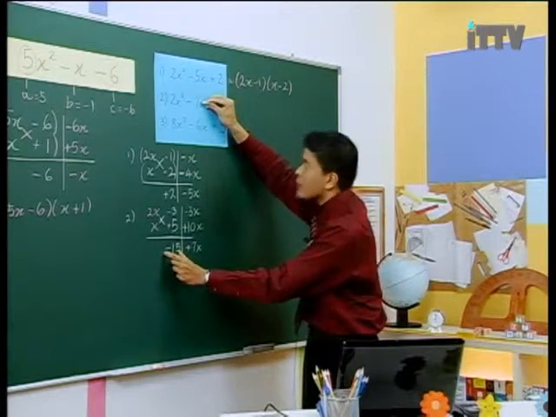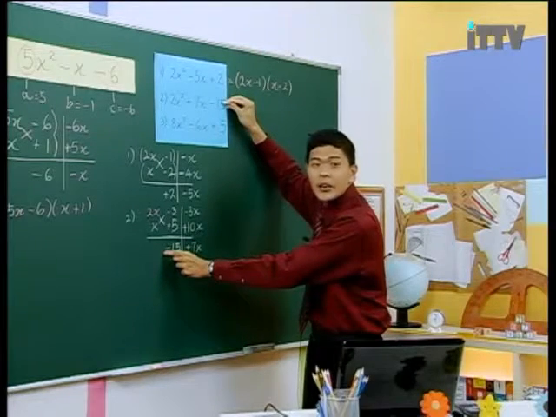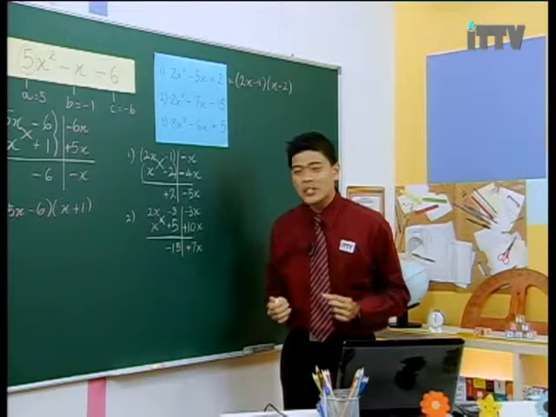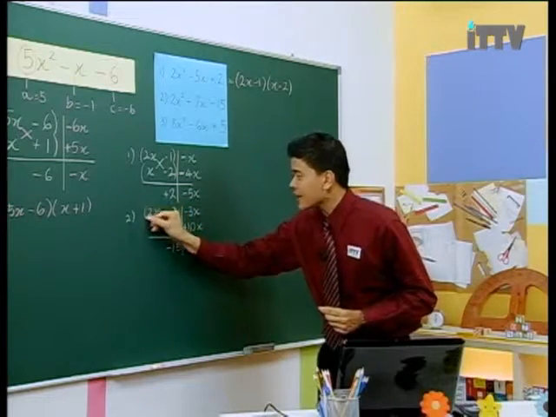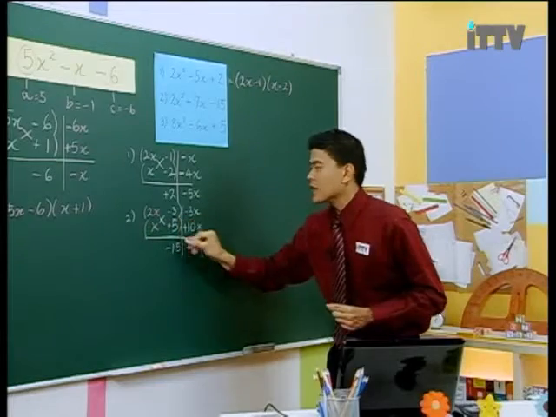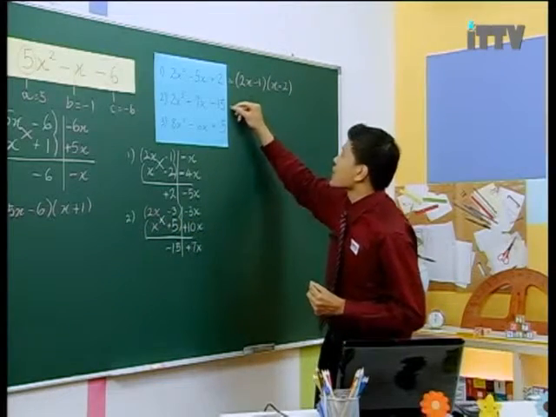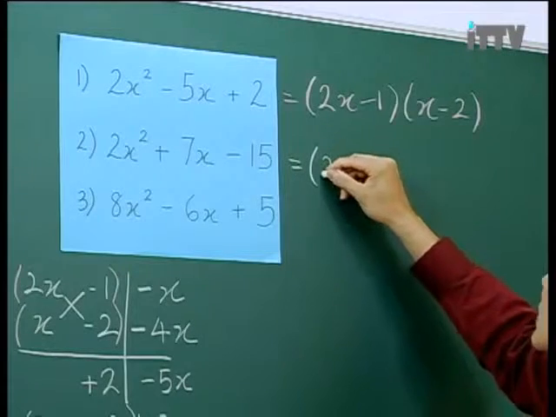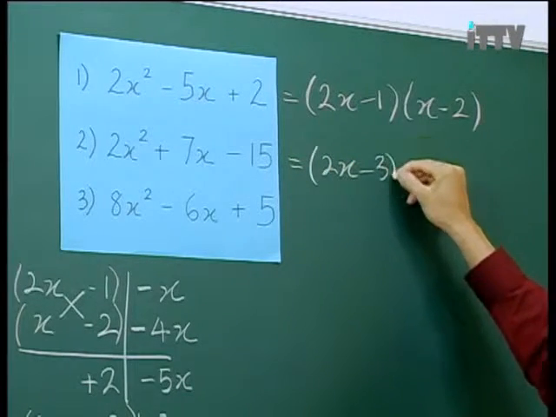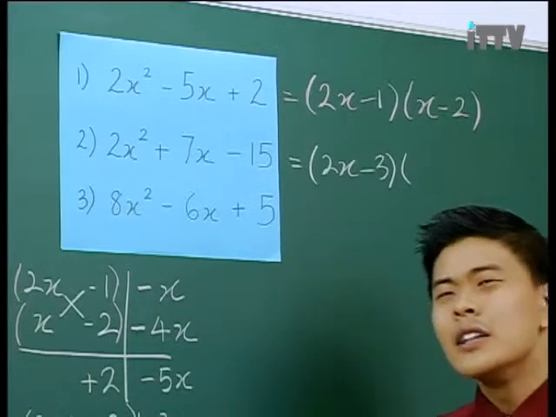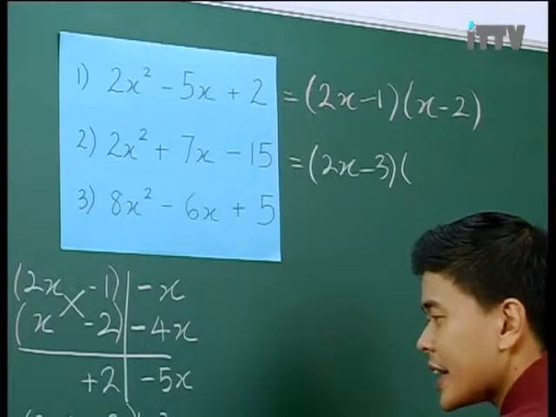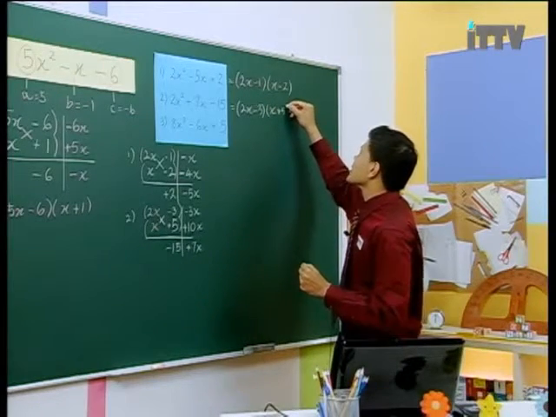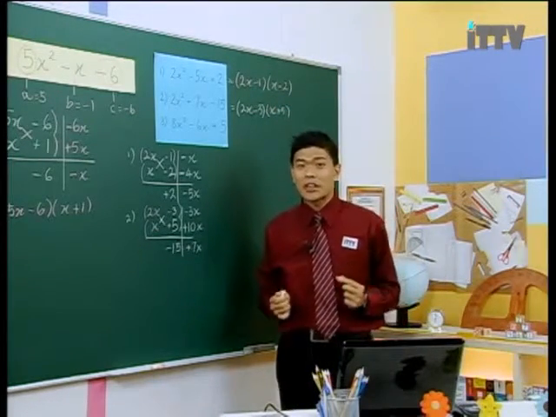The product here must always give you the term on the far right of the quadratic expression. And lastly, which is always step 5, rewrite the expressions as the factorized product of what you have just obtained. So the factors for this quadratic expression are 2x minus 3 and x plus 5. So I've managed to factorize it.